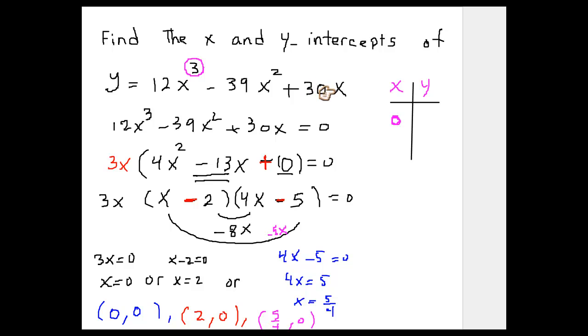This would be 0, this would be 0, this would be 0, so what is y? 0, right? So that is your y-intercept. So your graph is going to pass through the origin, which we already defined here, and also these 2 points.